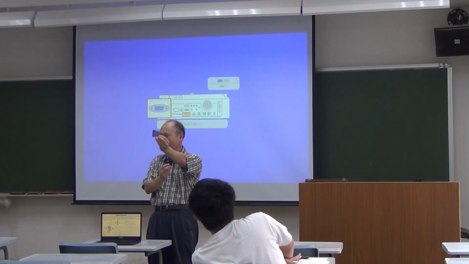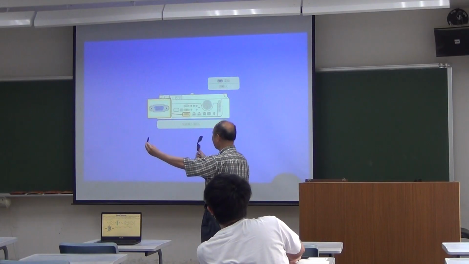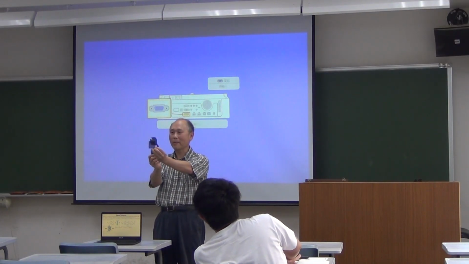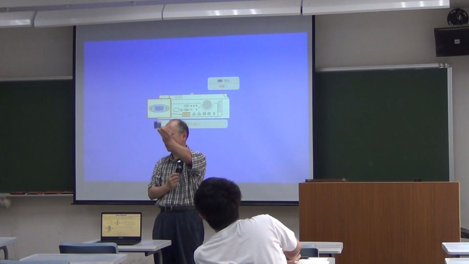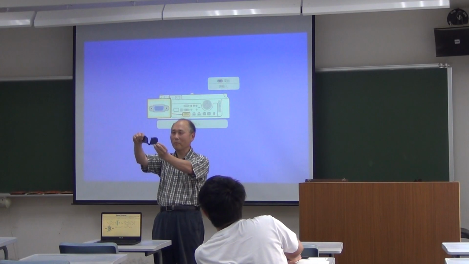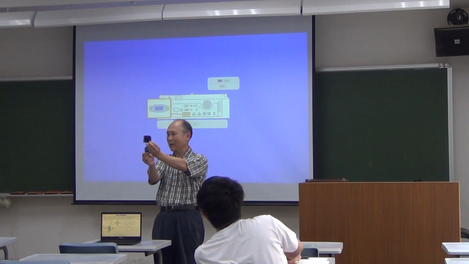So this is a polarizer, and we call this analyzer, because I'm analyzing the light coming out from this polarizer from your point of view. So this is all black, and then you can see something behind it, and then I rotate this 90 degrees, you see nothing.